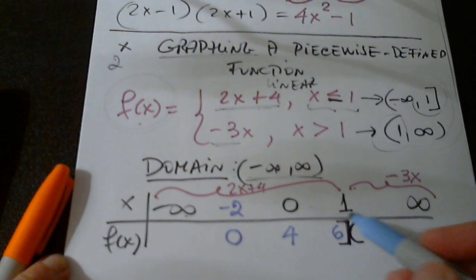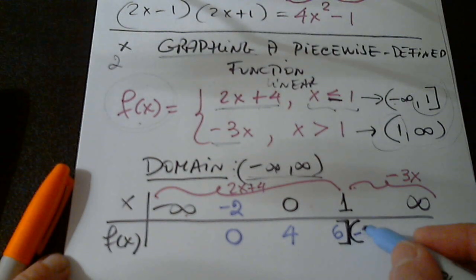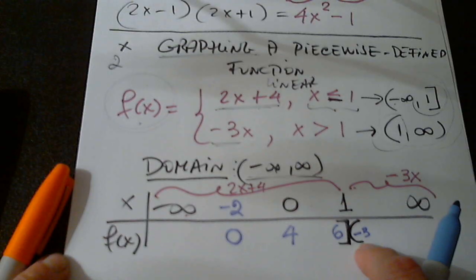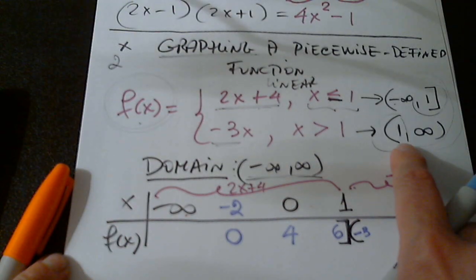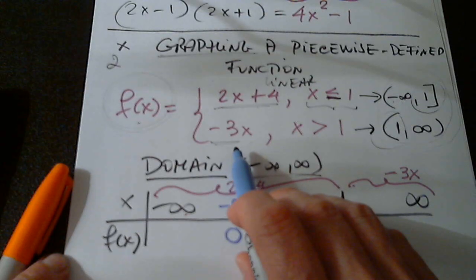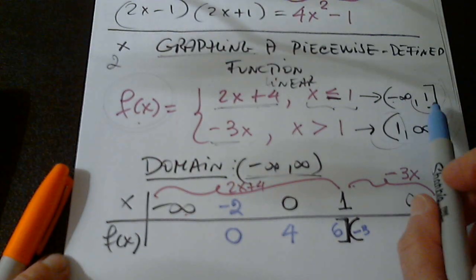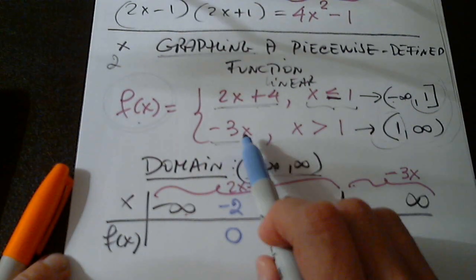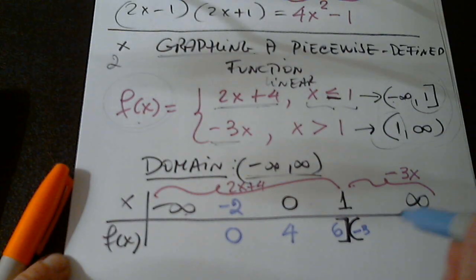On the other side, I plug in 1. I get negative 3 right inside the parenthesis. And you can say, no, you cannot plug in 1 here. I agree. I cannot, because 1 is here. 1 is not here. But I'll show you why I do plug in 1 in negative 3x. And let's say another one too, it's negative 6.